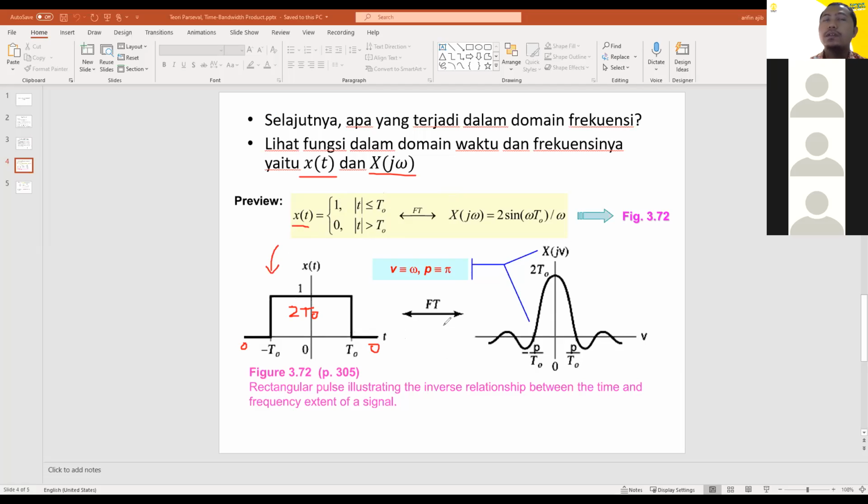Then we are interested in transforming it to the frequency domain.